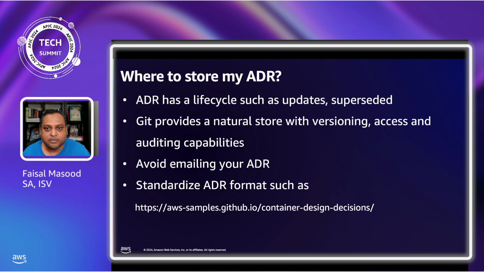It's important that we bring standardization in the format of the ADR, and there are a lot of tools available. You can see one of our GitHub repos where we have some example decisions. So make sure we bring standardization across teams and across business units, so that the ADR follows a standard structure within your organization.